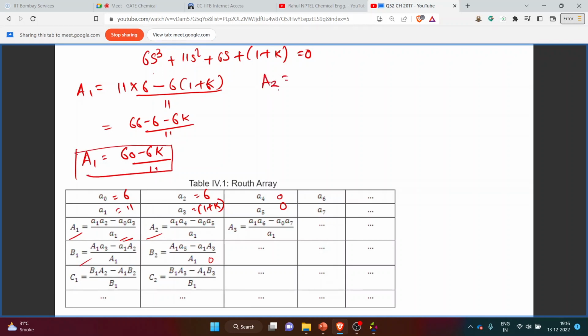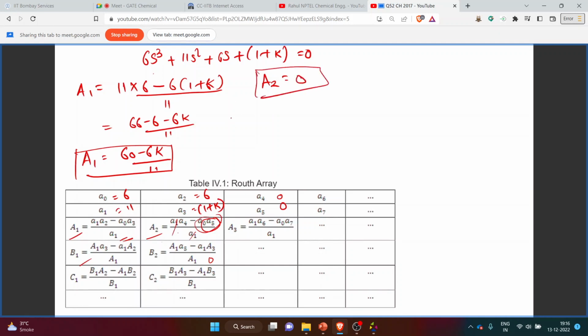The value of A2 is a1 a4 minus a0 a5 upon a1. Here a5 is 0, so this entire term will become 0 and a1 will get cancelled out, so A2 will be equal to a4, and that is also 0. That is, A2 will be 0.